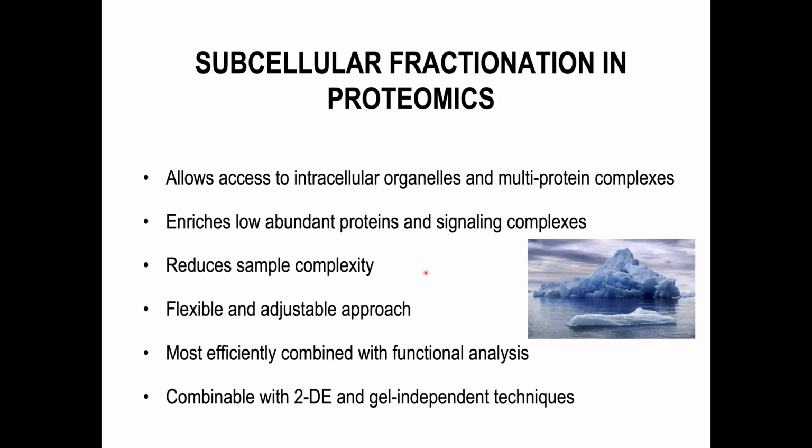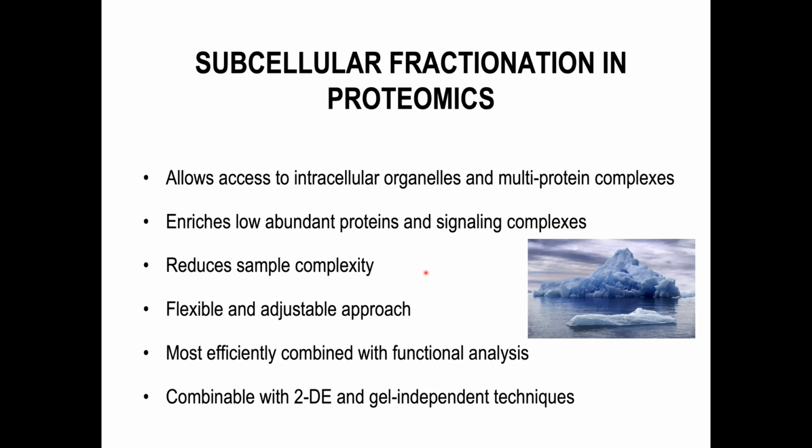You can combine it very efficiently with downstream functional analysis. For example, you can purify organelles like the mitochondria. And once you have purified mitochondria from patient cells, from patient fibroblasts that you can obtain with a biopsy, like we do routinely in the clinical setup with our patients of rare diseases, rare muscle diseases, for instance, we can isolate the mitochondria and we can measure them. We can analyze them for their protein content.